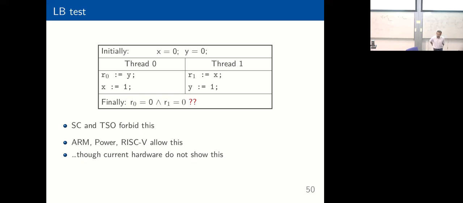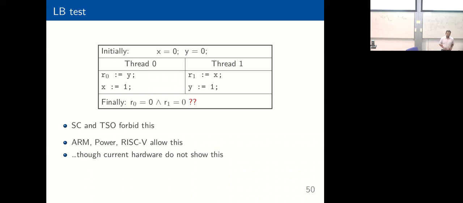It should all be ones. So the final condition is R0 is 1 and R1 is 1. And that couldn't happen because, for inverse reasons, at least one of those loads would have to happen first in Lamport SC, which means it couldn't take its value to be 1. And similarly, it would happen on TSO.